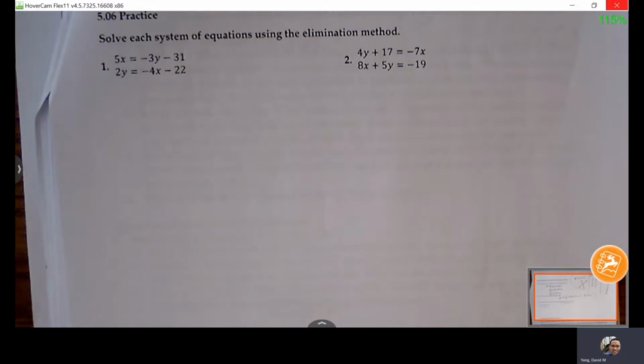I want to show you the calculator methods tomorrow, but today we're just going to practice without a calculator. Okay. So eventually we're going to be able to do it by hand and by calculator and use both to kind of double check each other's work.